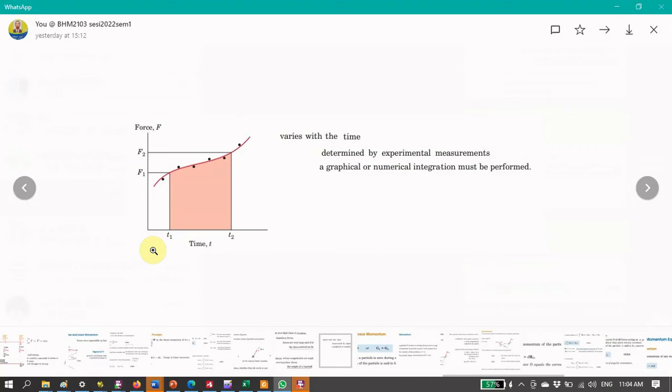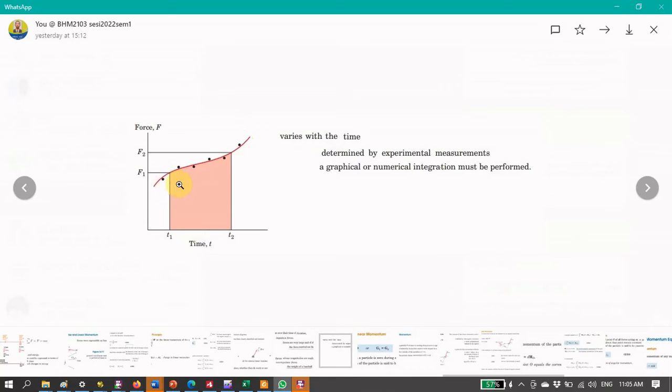The first one is experimental measurement. When we mention experimental measurement, we are looking at sensors. If you have experience using sensors or a data logger, for example, there is a resolution of measurement, and a very accurate, fast-response measurement system can evaluate the measured value over a very short time.